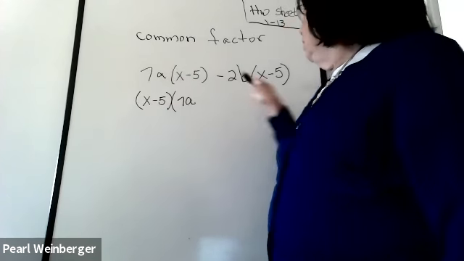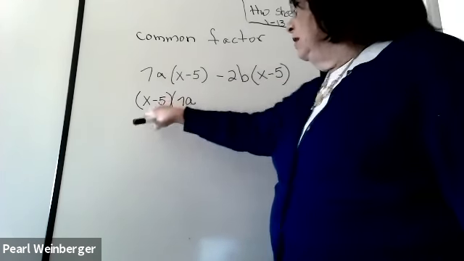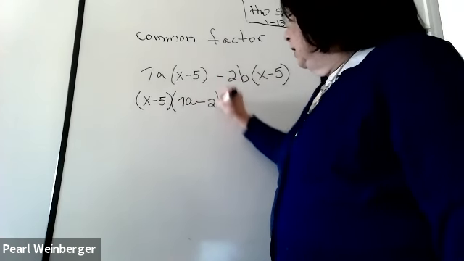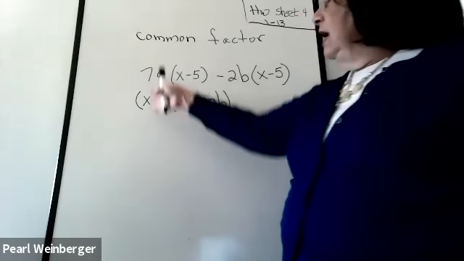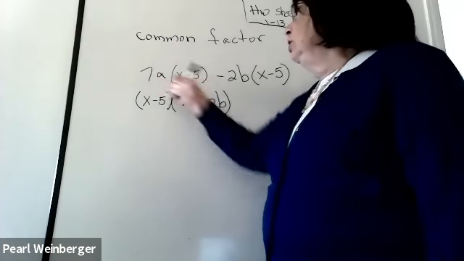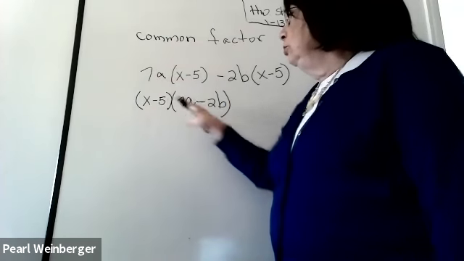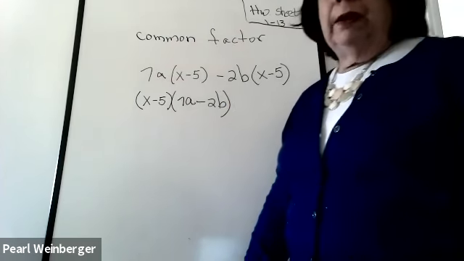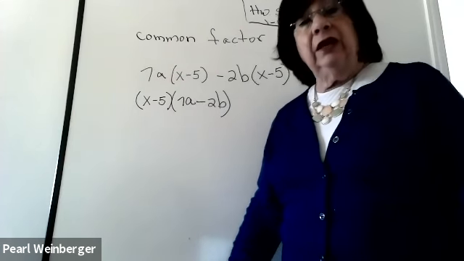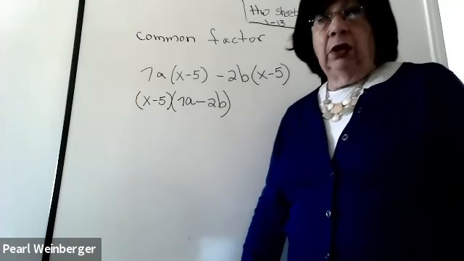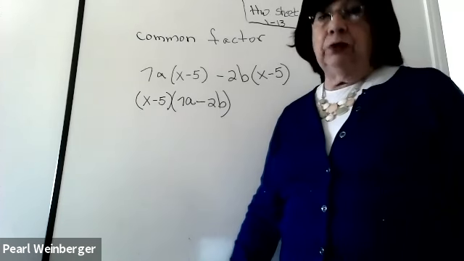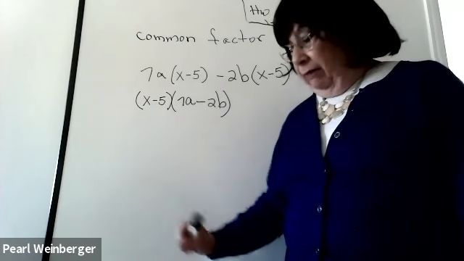And over here, when I divide the x minus 5, again, it cancels out, and what I'm left with is minus 2b. In other words, I was able to factor this strange-looking expression into a product of two binomials. So we look for not only a monomial common factor, we also try to find, if it's possible, a binomial common factor.